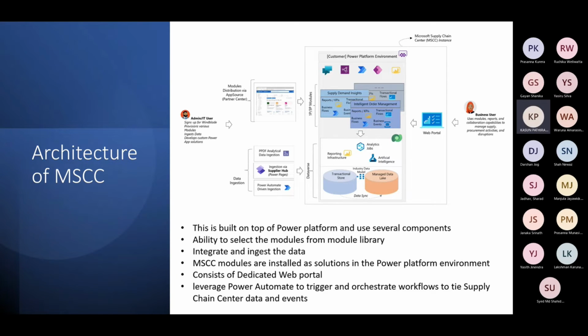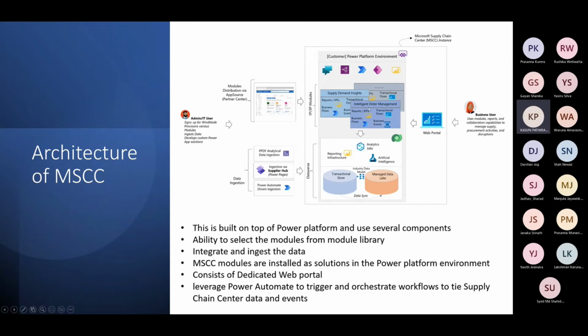So you have a suppliers portal where you can invite your suppliers and ask them to provide your data in the format that you want, based on the schemas available from the Microsoft Supply Chain Center, MSCC. And you can leverage Power Automate to trigger and orchestrate workflows to tie your Supply Chain Center data and events as well. That's the beauty.